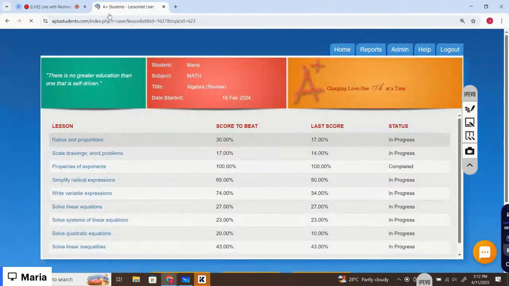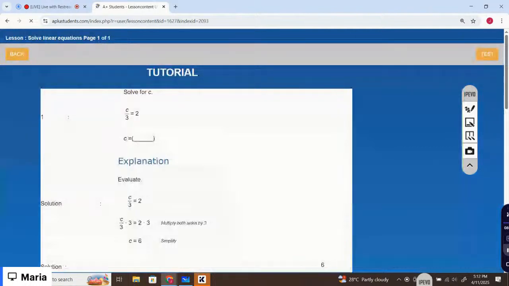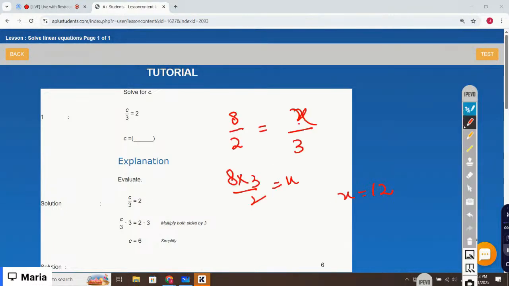The next lesson is solve linear equations. Let's just start with the lesson. C divided by 3 equals 2, you need to solve this equation for C. That is C equals 2 times 3.